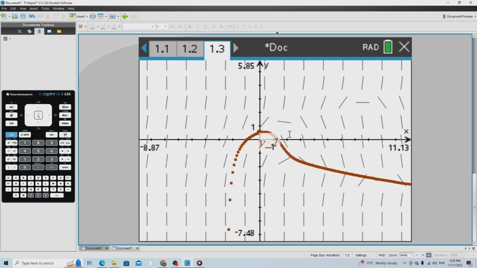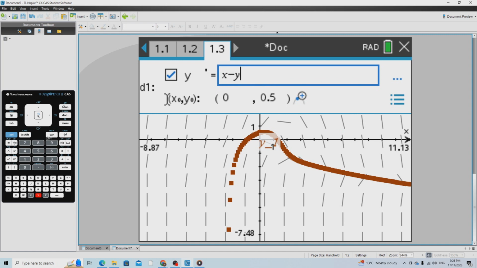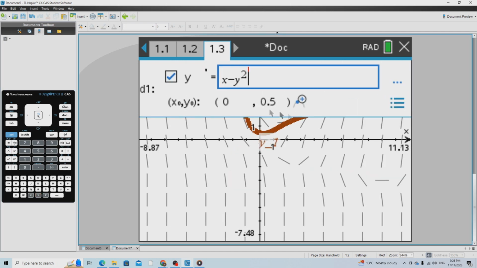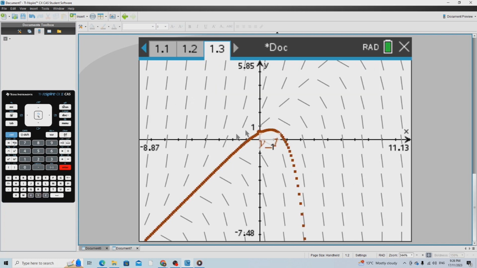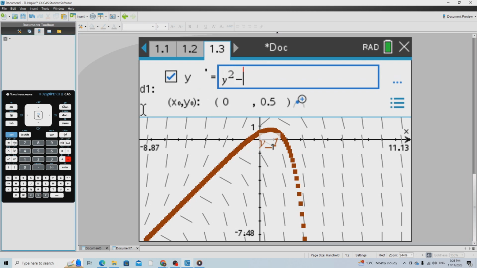A nice representation, yeah. And you can also sketch the other graphs. For example, let's try x minus y, like the first one, which is wrong. But what do we see? Well, that's rubbish. That doesn't look like our graph. What about the next one, y minus x? Also rubbish. Well, close to it, but it's supposed to be curving upwards at the end, so that's rubbish. Next one is y squared minus x squared.